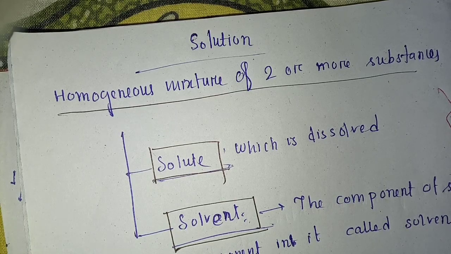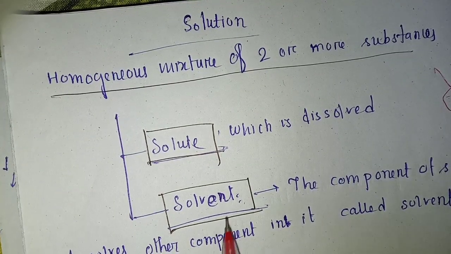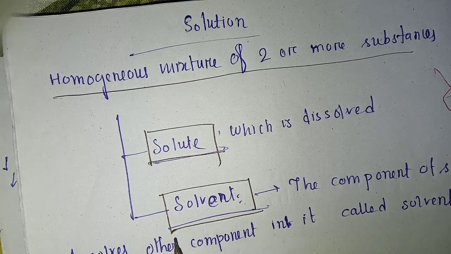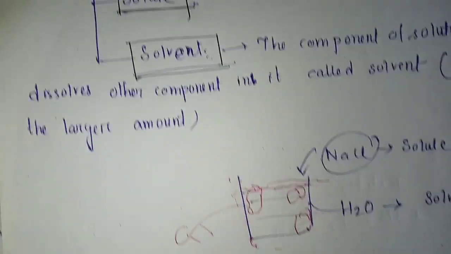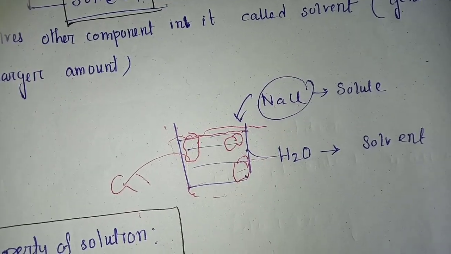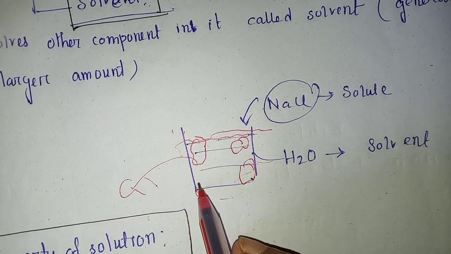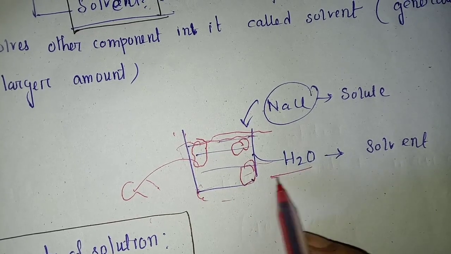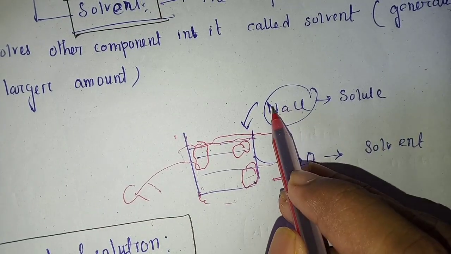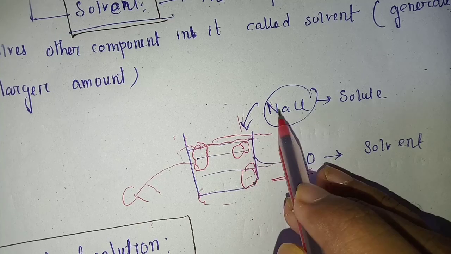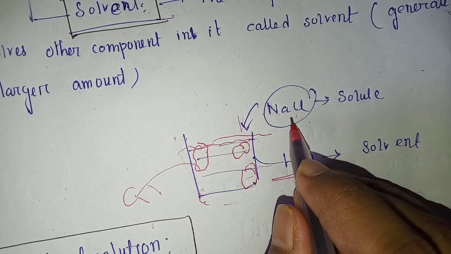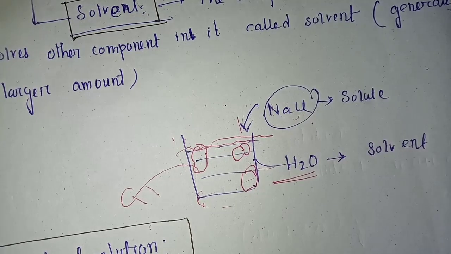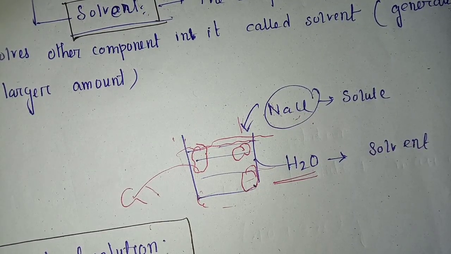Now we learn about two terms. The first one is solute, and the second one is solvent. So guys, what are solute and solvent? First let me take the same example. Suppose I have a glass filled with water, H2O, and I am adding some salt, NaCl, sodium chloride. The amount of NaCl is less.